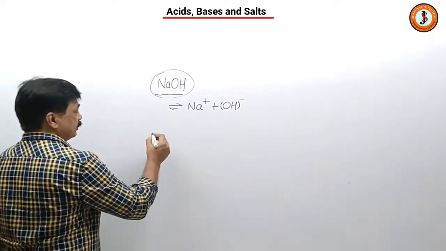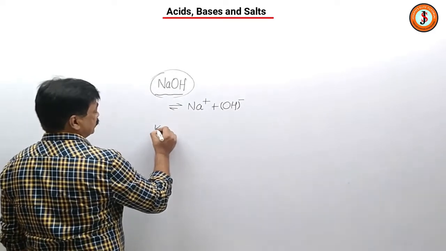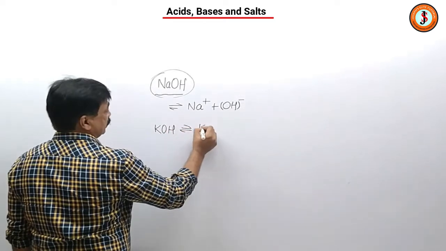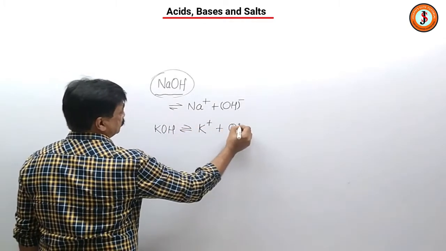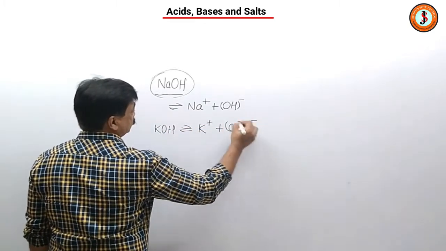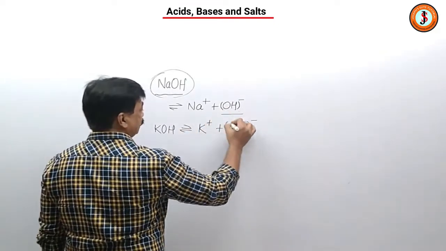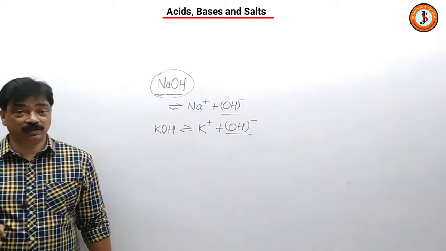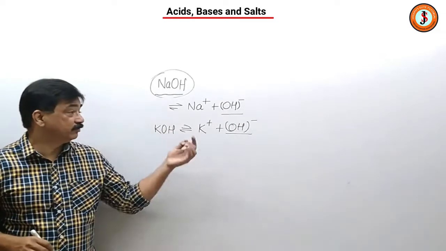For example, another base, KOH, dissociates as K plus and OH minus. Just the opposite of acid, here the negative ion, the hydroxyl ion, is fixed, and the positive ions will be different.